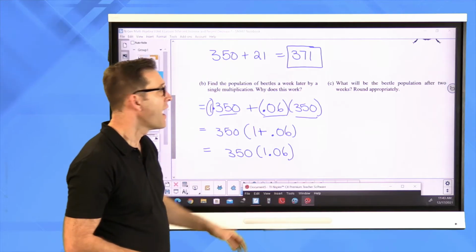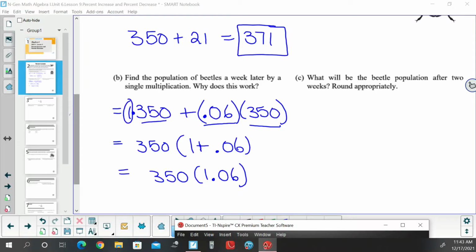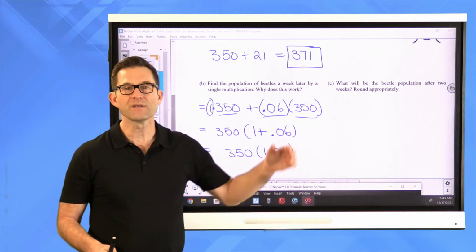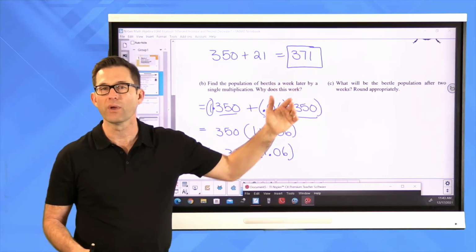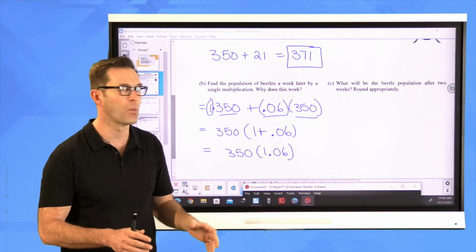That's really nice because now let's take a look at letter C. What will be the beetle population after 2 weeks? Round appropriately. We could take 371, multiply it by 0.06, get an answer, and then add that to 371.